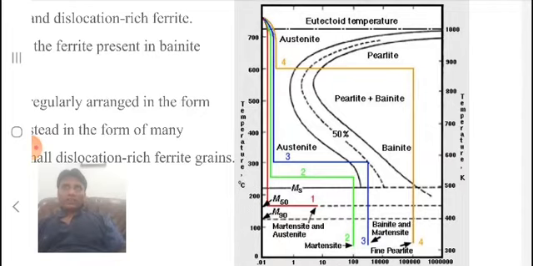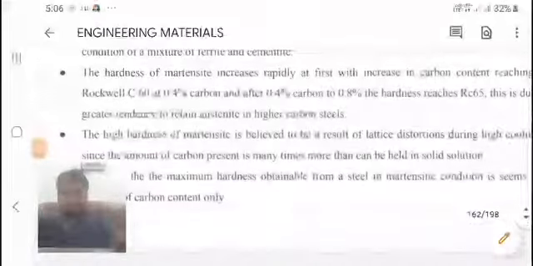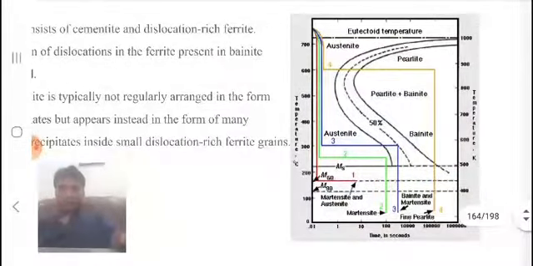So in order to save time and make the process fast, annealing is done with the help of TTT diagrams.